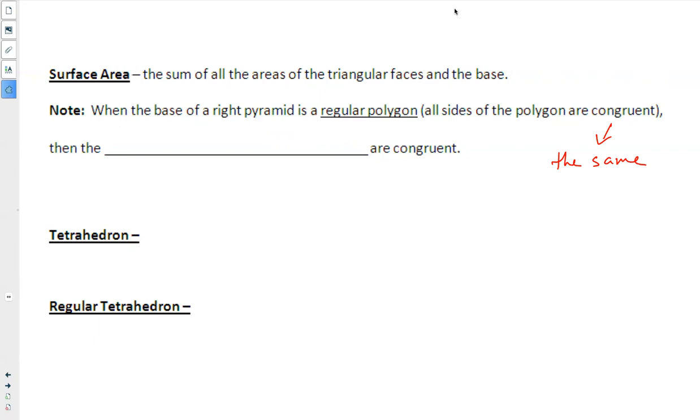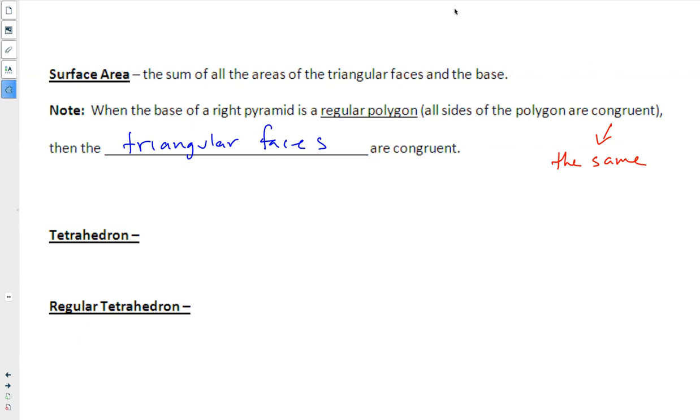If it's a rectangle, it is not a regular polygon because all sides are not the same length. But if it is a regular polygon, like a square at the base of our pyramid, then we know that the triangular faces are congruent. And again, congruent is the same.